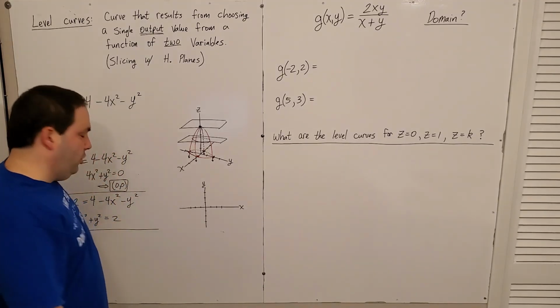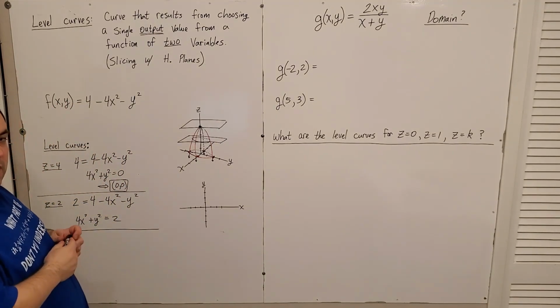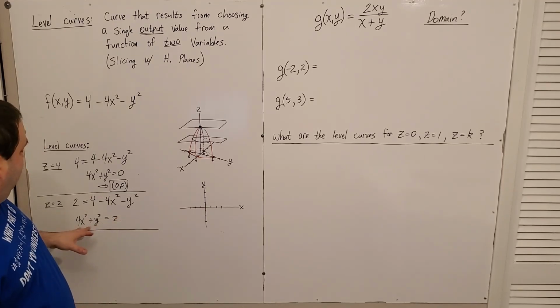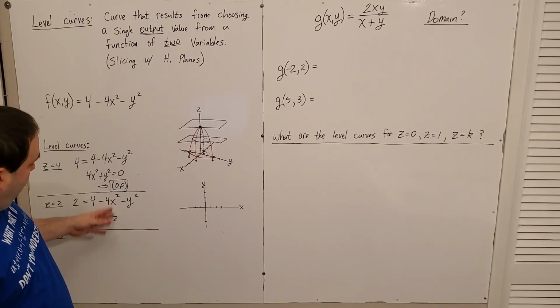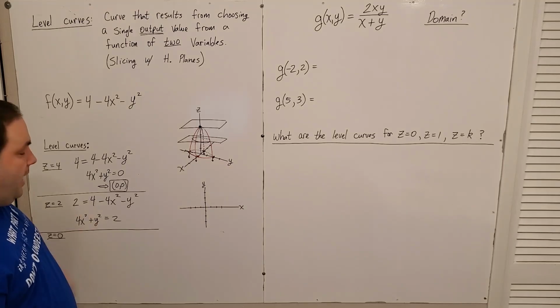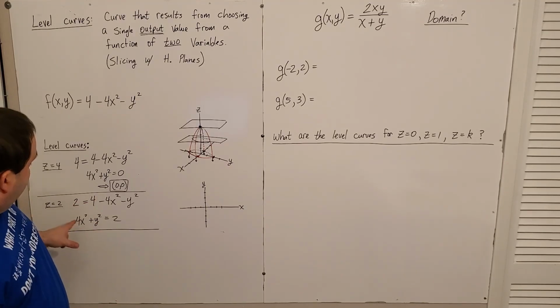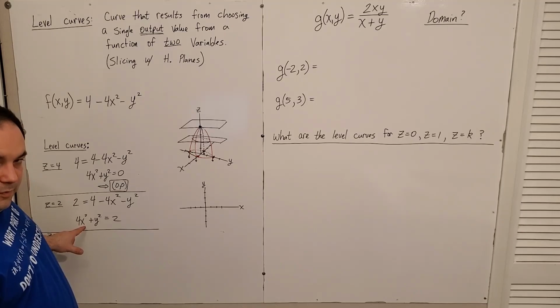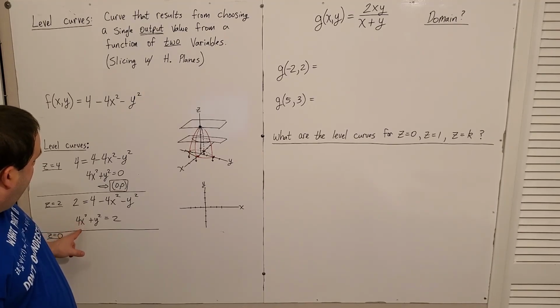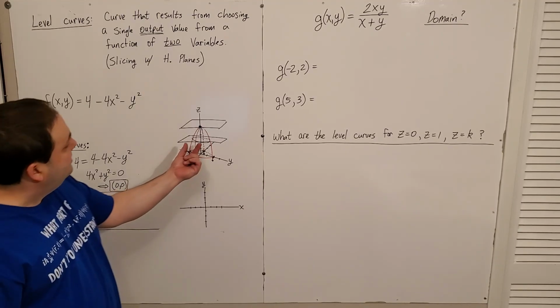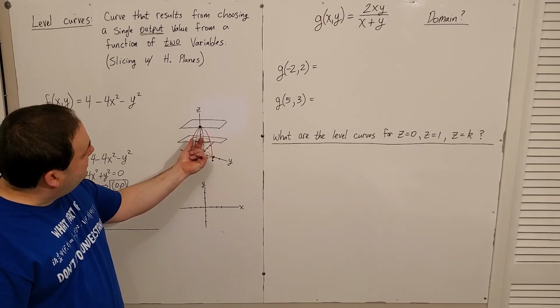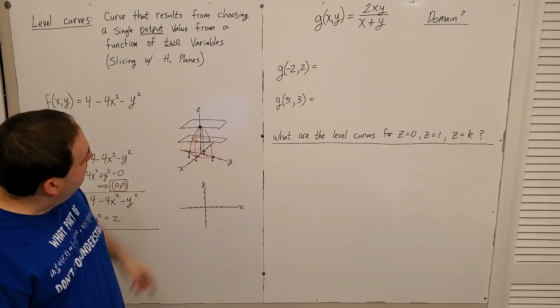And of course, you could go further if you wanted to graph it really accurately. You could divide by the 2 because you can see it's an ellipse and you'd want it equal to 1 and get your a and b and stuff like that. But just notice, it is an ellipse, where the x is actually going to be smaller than the y, and that's exactly what's happening. I have the x going here and the y going here.